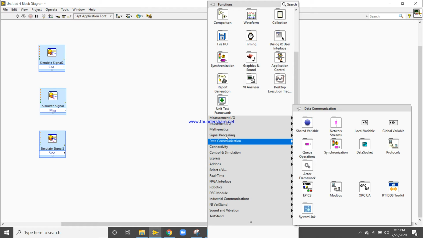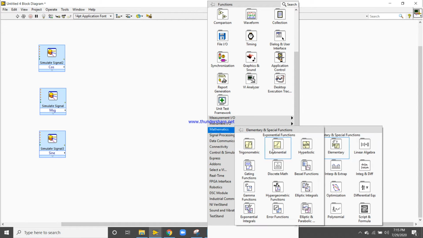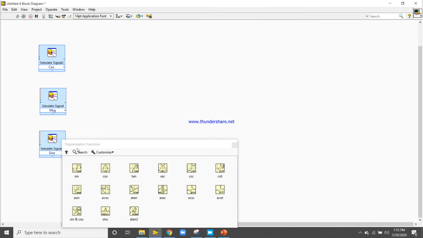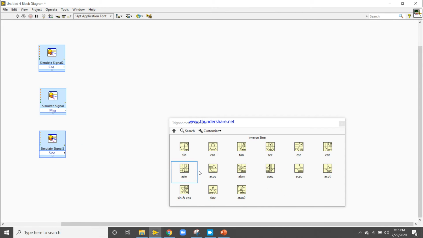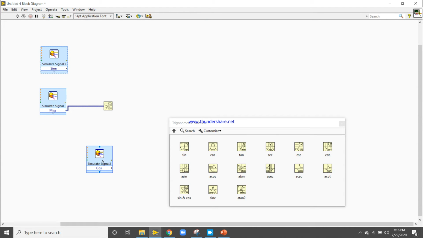Now come to mathematics, elementary, trigonometry. There is sine and cos. Cos below, sine above. No, this one is not a good way to create.